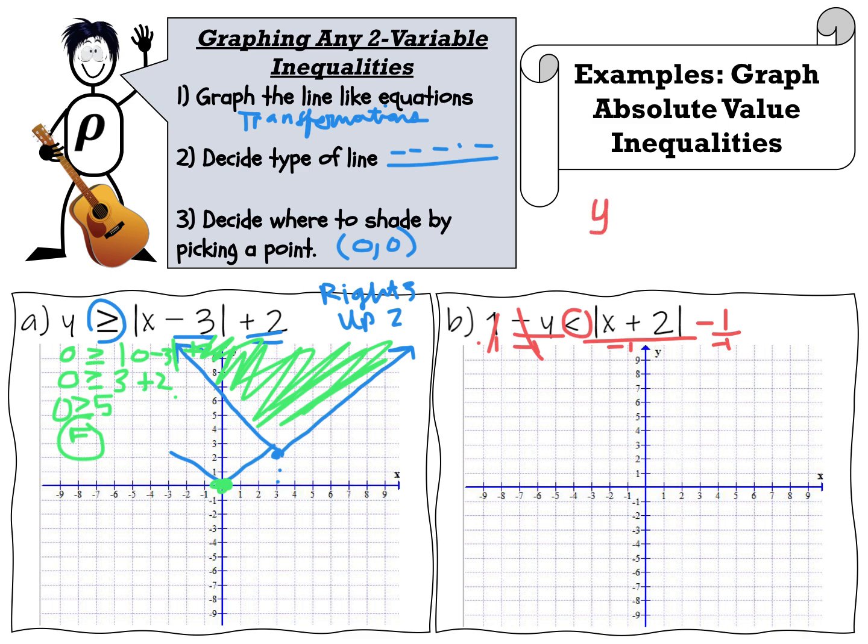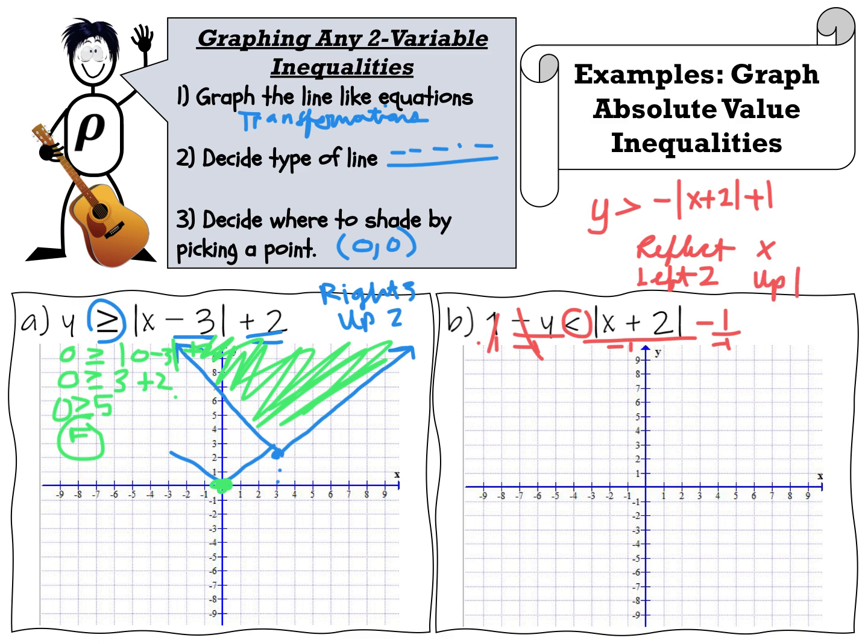So I am really graphing y is greater than negative absolute value of x plus 2, plus 1. That's what I'm really graphing. The negative is a reflection over the x. The plus 2 is left 2, and the plus 1 is up 1.